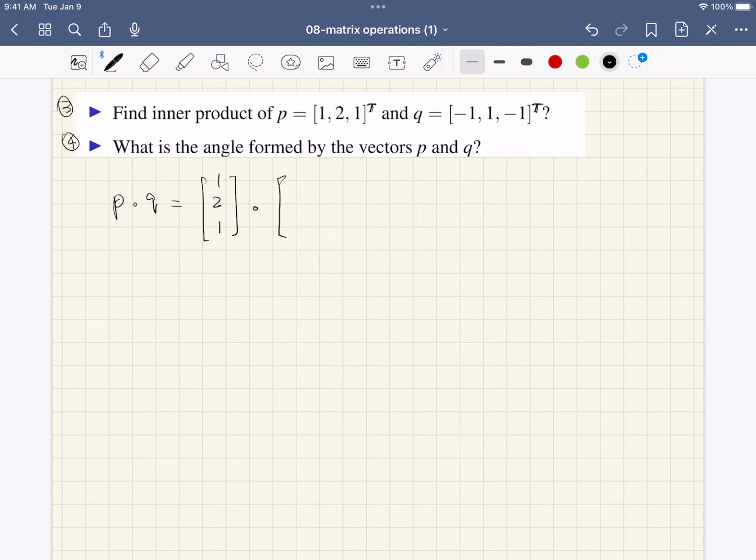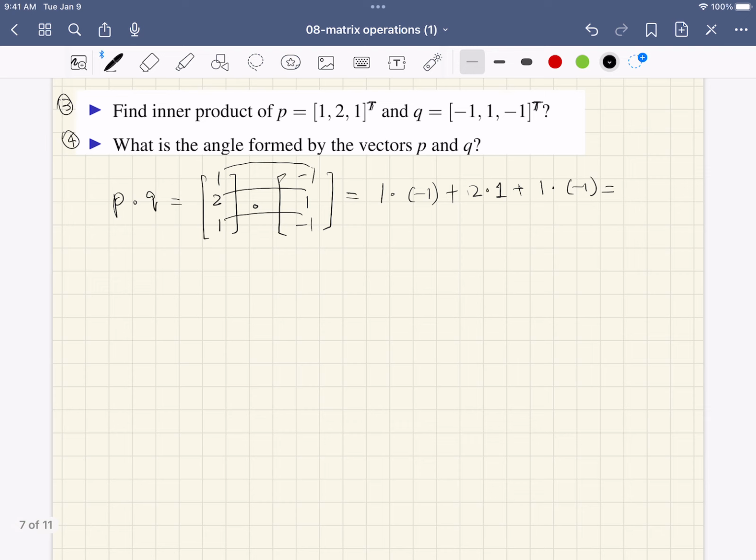And Q is a column vector again with the same length, so we can do inner product. Now the inner product, the answer is supposed to be a number, but this is the sum of three numbers. 1 times negative 1 plus 2 times 1 plus 1 times negative 1. And then this gives 0 as its inner product.